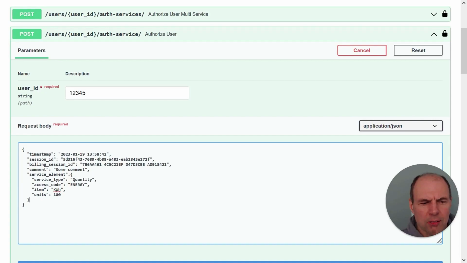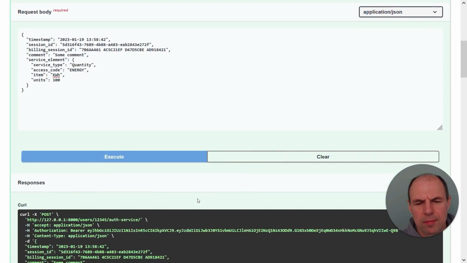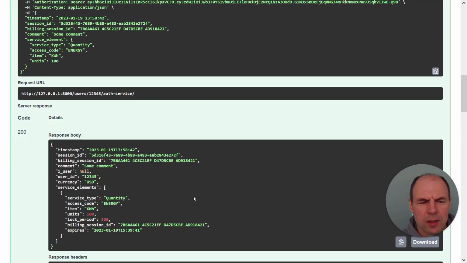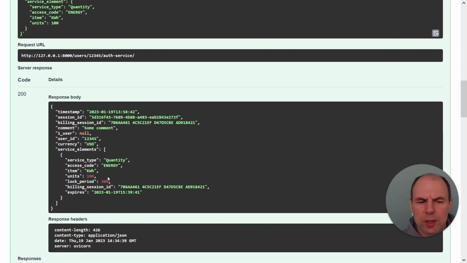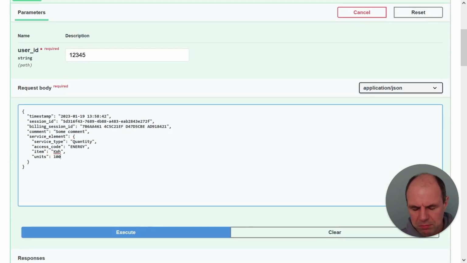So we are requesting authorization for 100 kilowatt hours. The request was successfully executed, and we see we got our authorization of 100 kilowatt hours, so we know it's a valid customer.